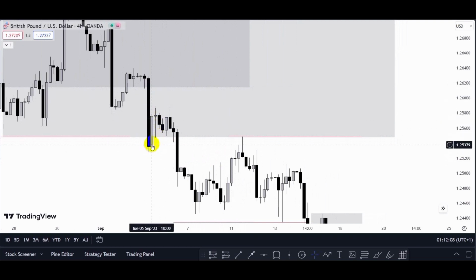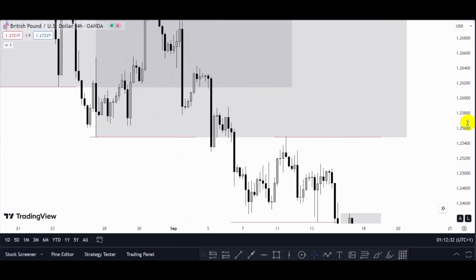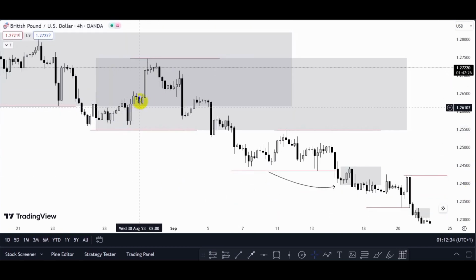This is not a valid pullback because this is the lowest low, and then this move did not push sufficiently to the upside to take out the high of this bearish candle or to take out this high point here. So this is not really a pullback because this is just an inside move within this bearish candle. So this is now our new IOF zone.